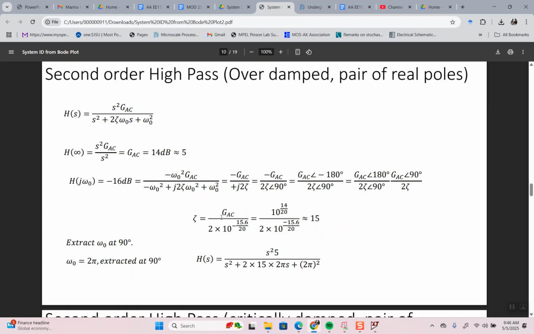So you have the gain at AC divided by 2 divided by the gain at j omega naught. And so we get around 15, which is even bigger than 10. So those breakpoints are very far apart. And so then you just substitute everything back in.